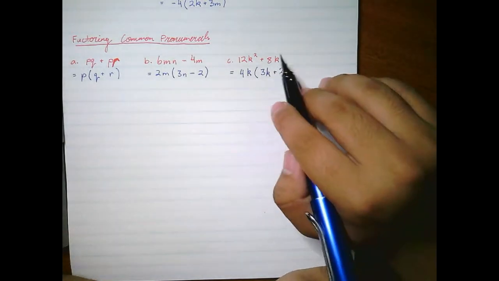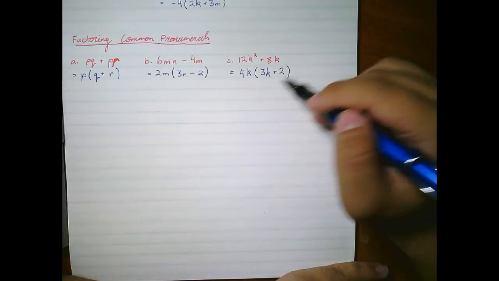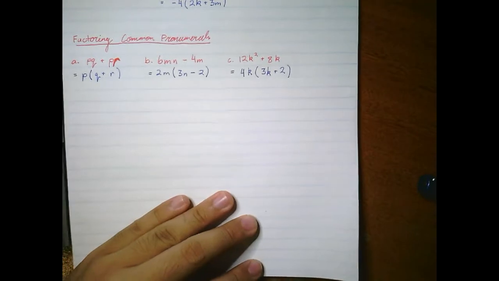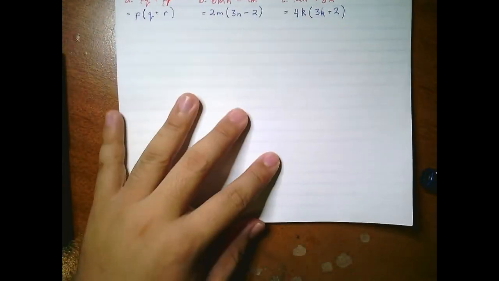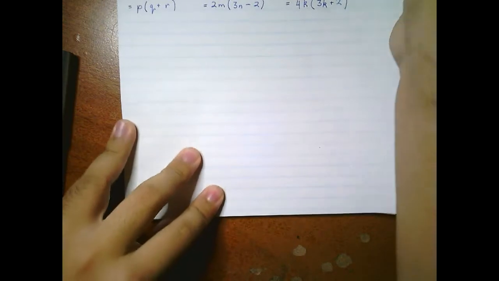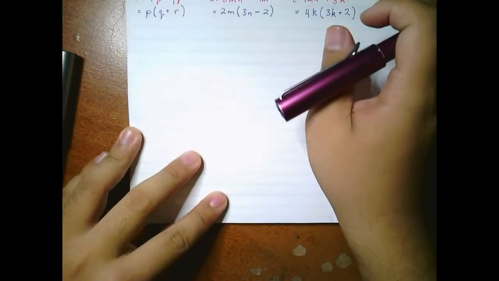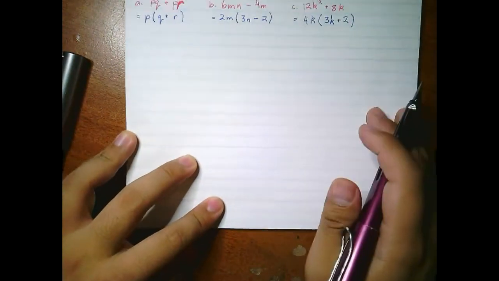There's a k here, but we already have a k, so that's the end of that expression. Now let's jump to the deep end. So that was C, the last one.